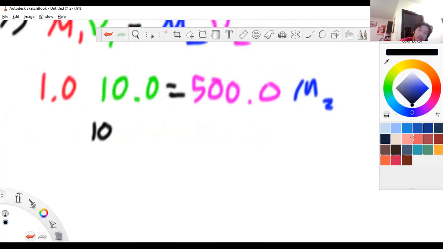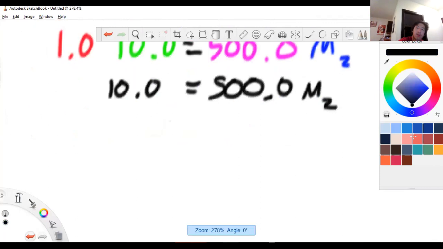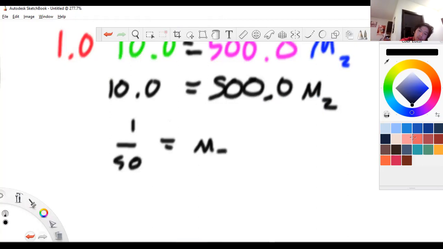This will become 10. This will become 500 times our molarity. Then we divide 500 over and we get 1/50 equal to M2.